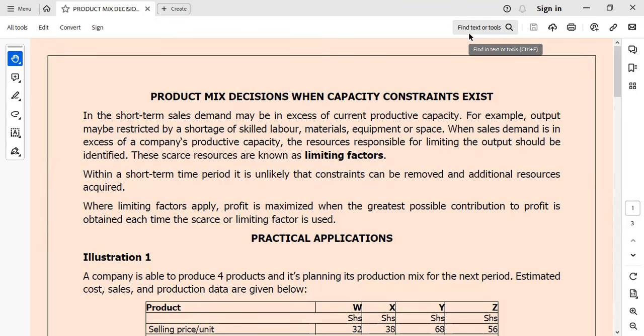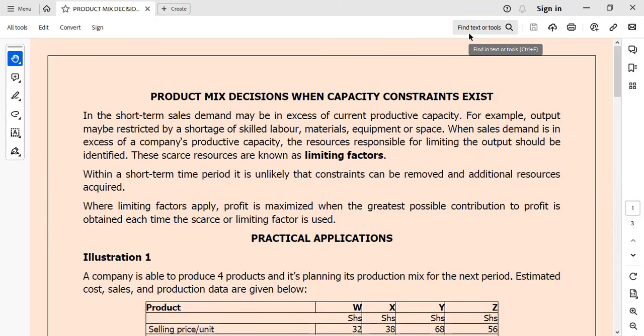I have two practical applications here, which I'm going to use to show you how to apply the concept of limiting factor analysis, how we can come up with a product mix using limiting factor analysis.